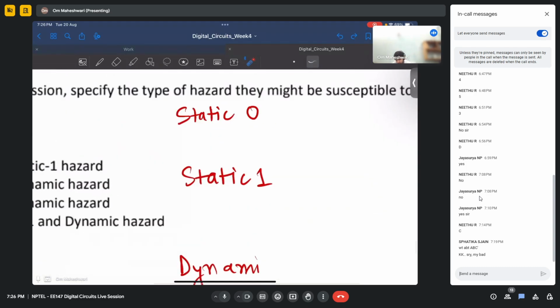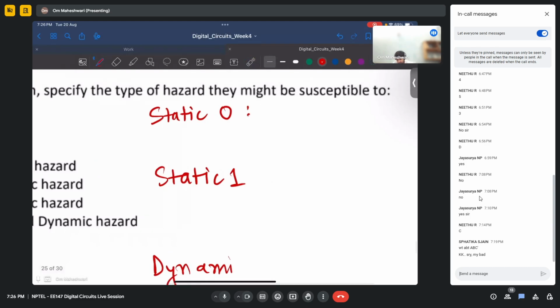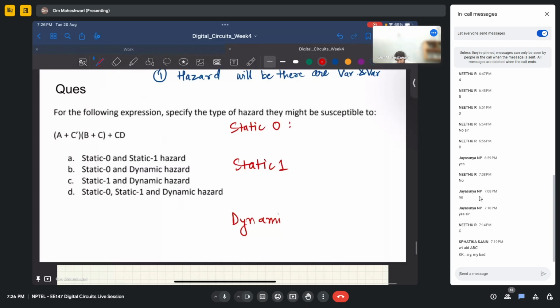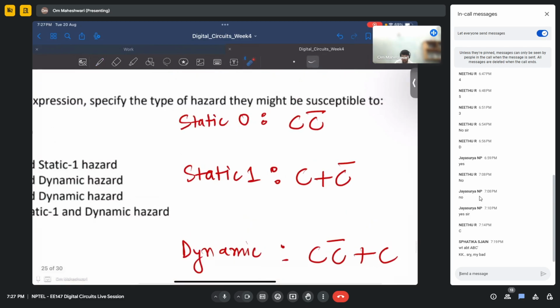Since we are dealing with C and C bar, static 0 will be C C bar, static 1 will be C plus C bar, and dynamic will be C C bar plus C. You can write this intuitively also. C C bar should always be 0.